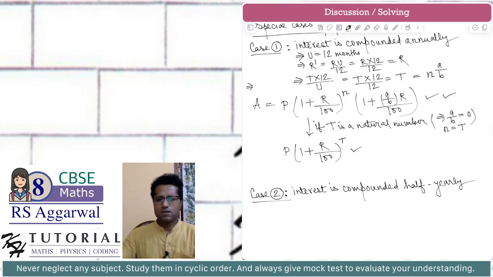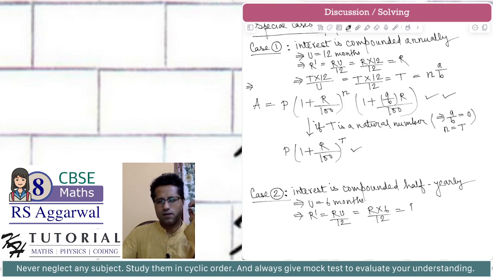Similarly, if the interest is compounded half yearly, what is happening? Half yearly means u is equal to 6 months. This means r dash is equal to r u by 12, which is equal to r multiplied by 6 by 12, which is equal to r by 2.